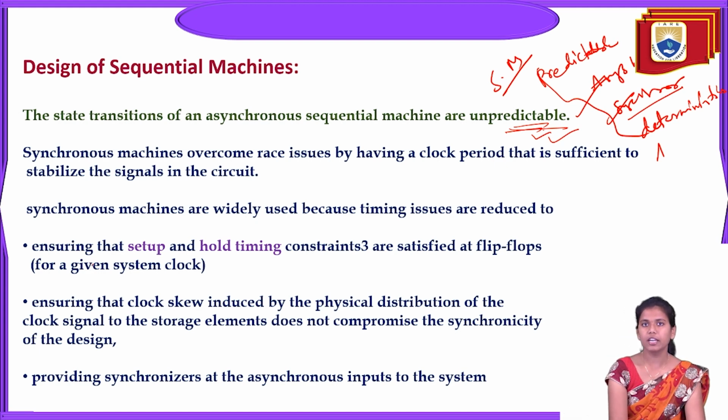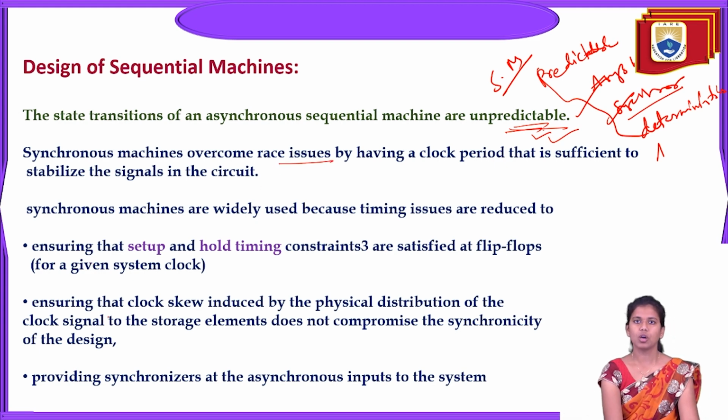But synchronous machines overcome race issues. What are race issues? Race conditions we mostly observe in terms of memory transitions. Synchronous machines have a clock period sufficient to stabilize the signals in the circuit, so race conditions can be overcome.